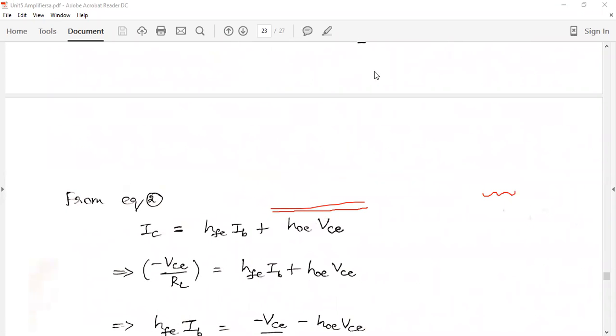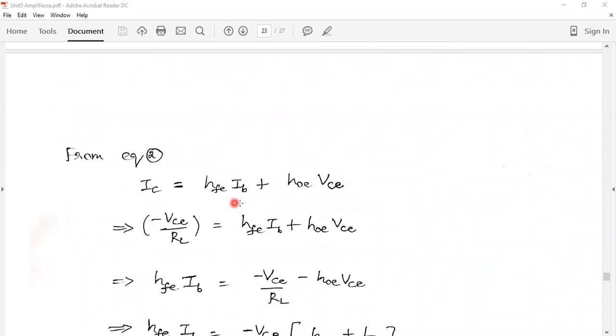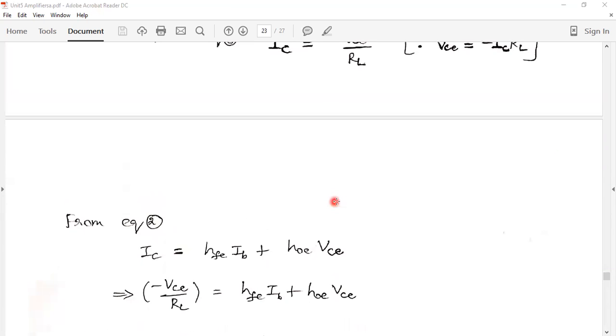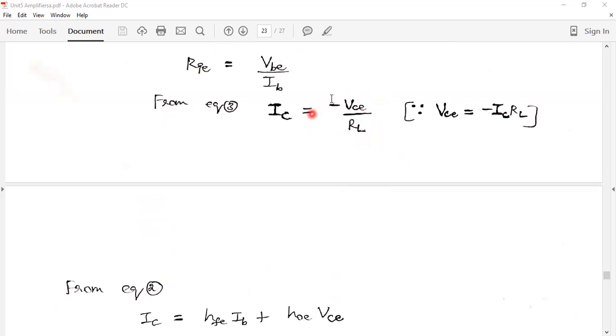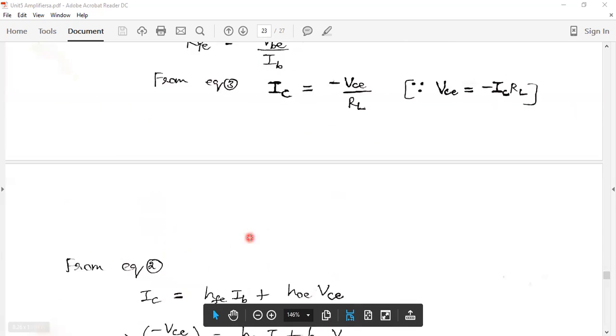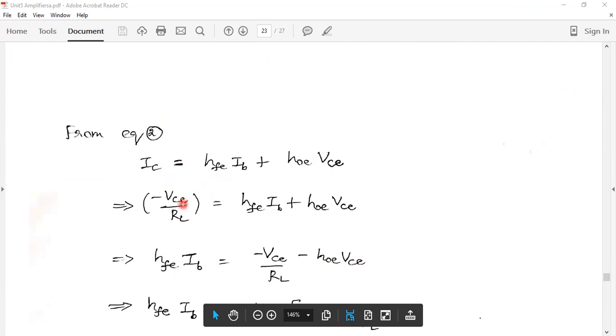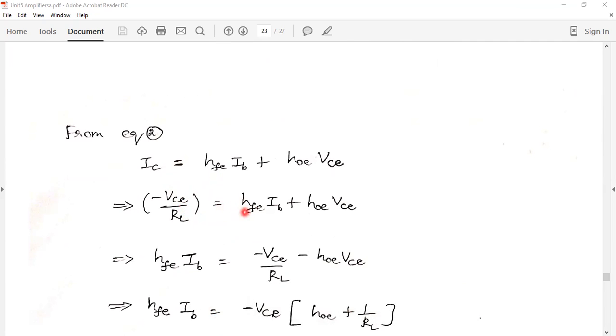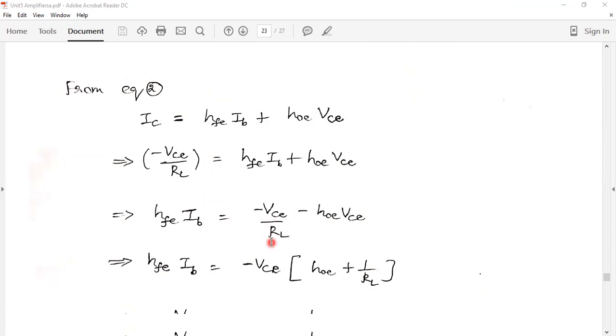Thereafter I consider equation number 2, the output equation, IC is equal to HFE IB plus H0E VCE, and I substitute the derived term for IC: minus VCE by RL is equal to HFE IB plus H0E VCE. Two terms consist of VCE, and I take these two terms aside.